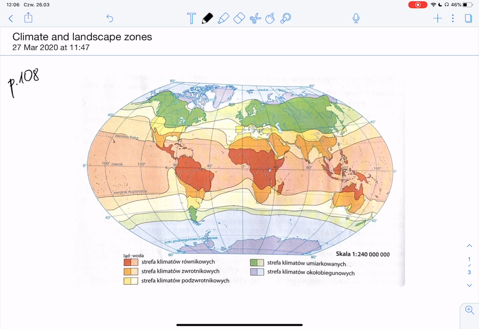The first thing that you notice when you take a look at this map is that the climates in the whole world look like stripes that are aligned just similarly to the parallels. And guys, let's talk a little bit more about them. The things that you see here are so-called climatic zones.